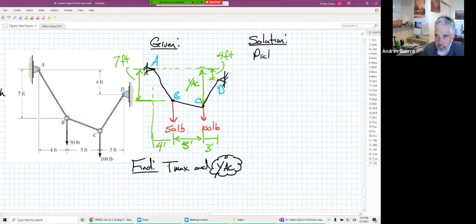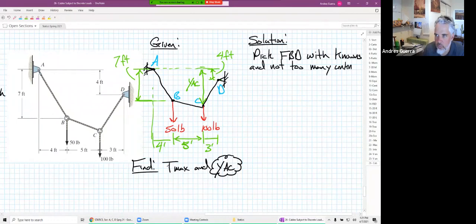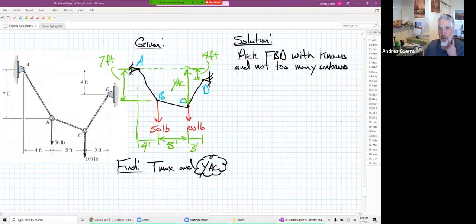So for our solution, to solve this thing, we want to pick an FBD with knowns and not too many unknowns, just like we've talked about before with cables.